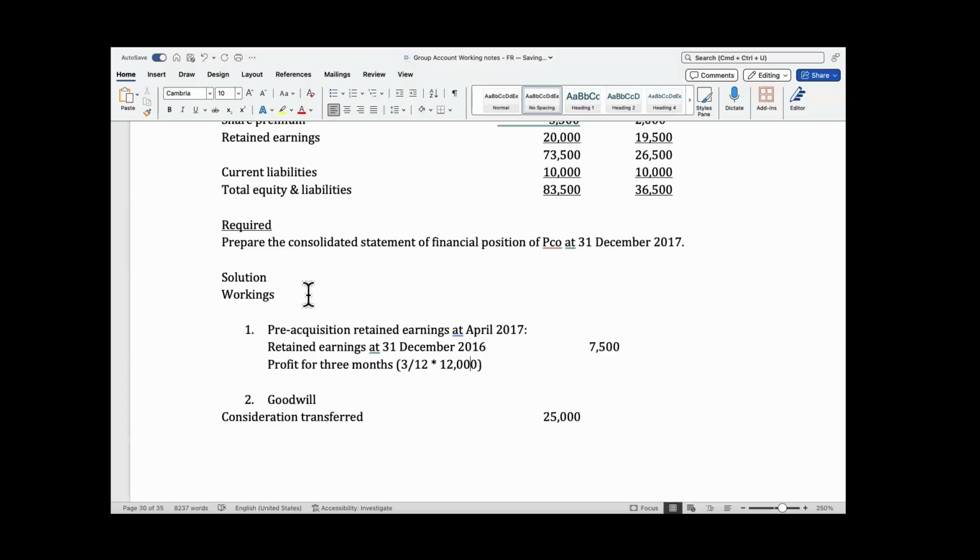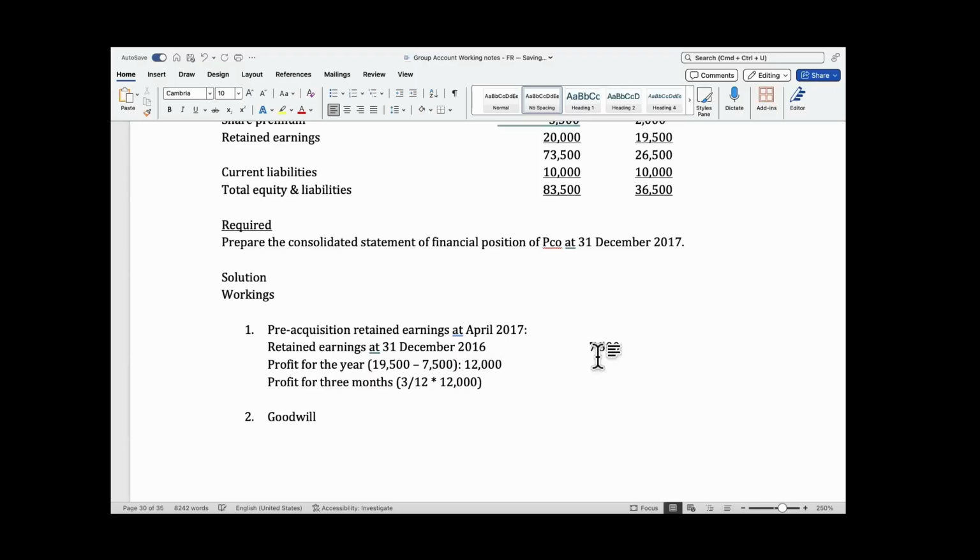The way I got this 12,000 is you need to establish the profit for the year, which is 19.5, the profit at year end, minus the opening profits.